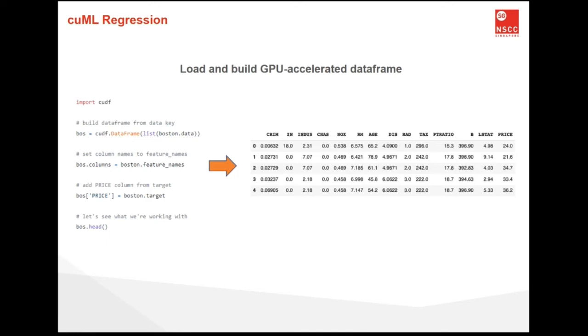We can use linear regression for a lot of tasks, such as housing price prediction. We can also implement linear regression in cuML, which is the RAPIDS AI equivalent of scikit-learn, so that we can execute the analytics pipeline entirely on GPU.